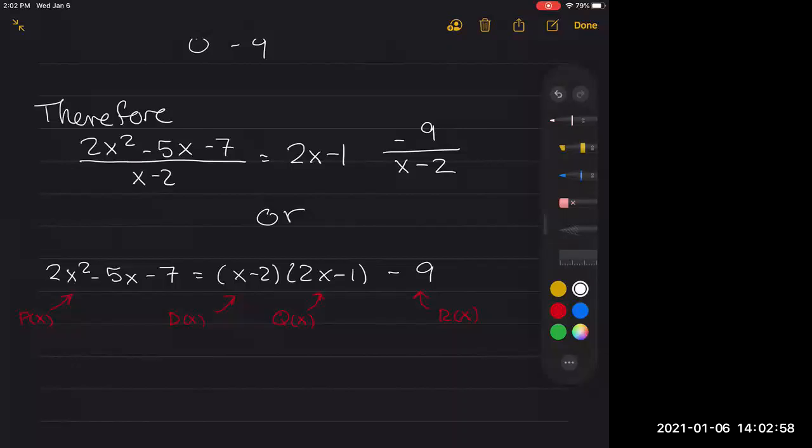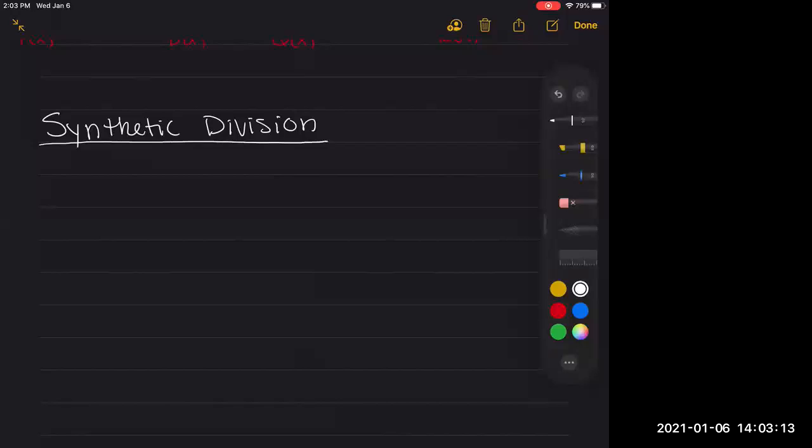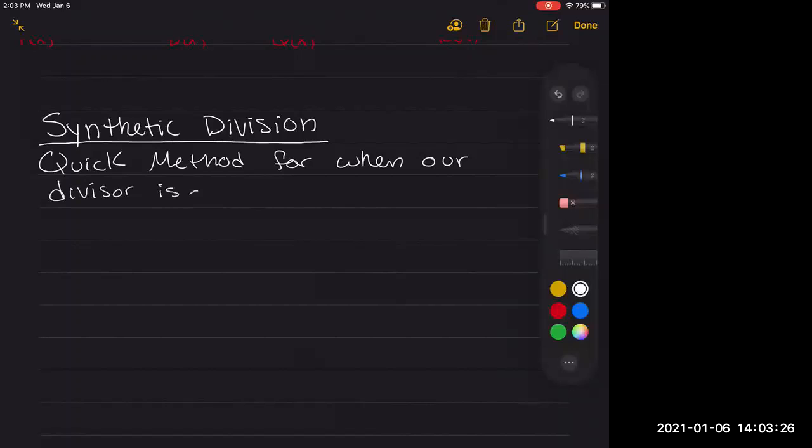All right, so now we're going to learn a different method for dividing polynomials called synthetic division. All right, so this is a quicker method for when our divisor is of this form, x minus c.